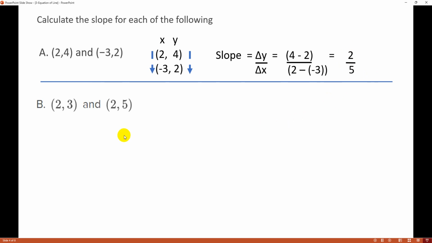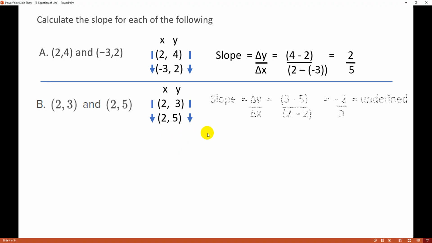In the second example, they give us other 2 points, 2, 3 and 2, 5. Again, we put one coordinate, the 2, 3, on top of the 2, 5. And again, I repeat, you can put the 2, 5 first, as long as you follow the same direction when you subtract the y's as when you subtract the x's.